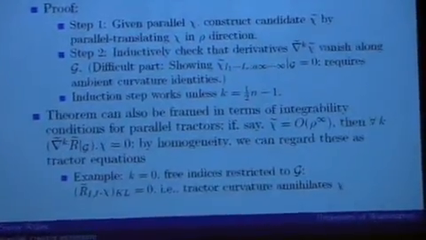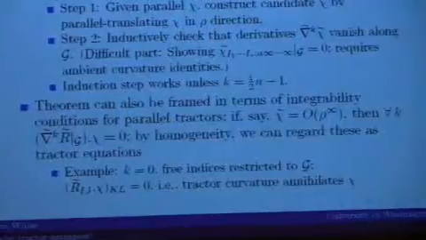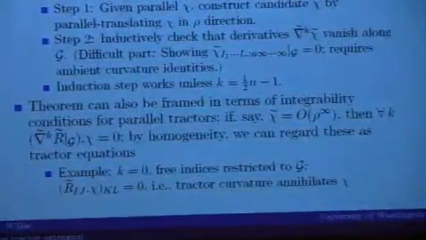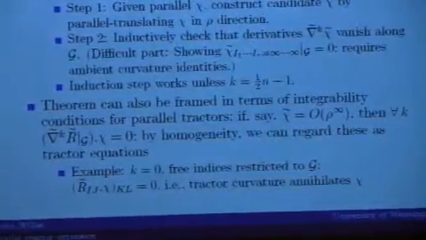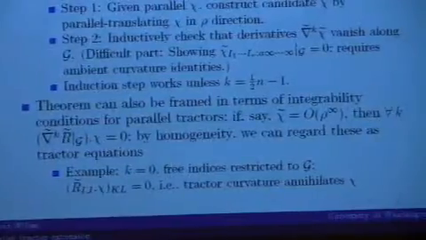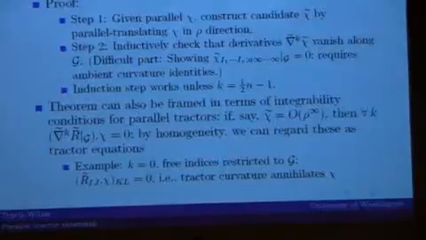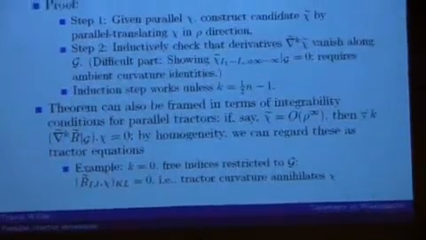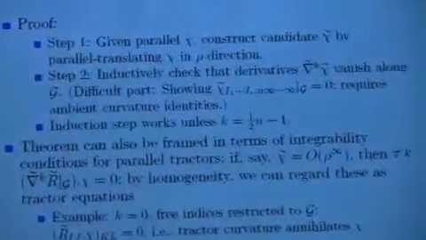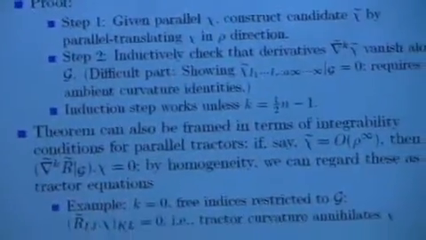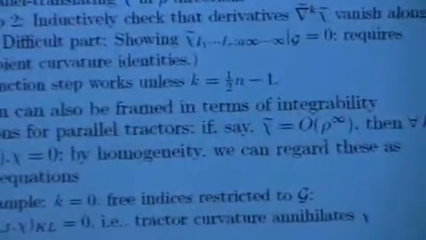All right, so let me just say one more fact about this. This theorem can also be framed in terms of integrability conditions for parallel tractors. So if there is an infinite order ambient extension of one of our tractors, then in particular for all k, this identity here is going to be true.